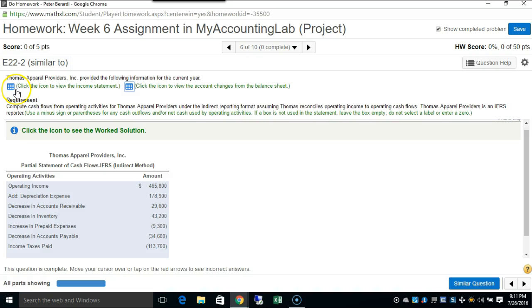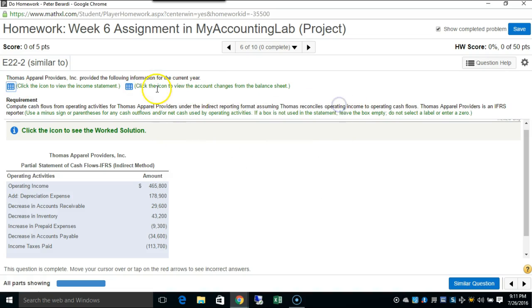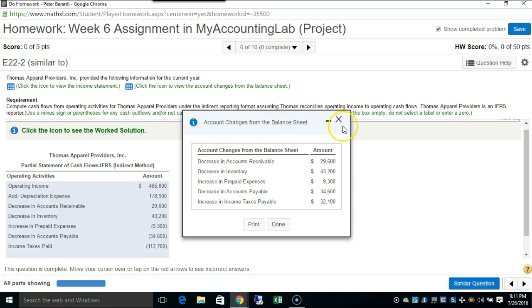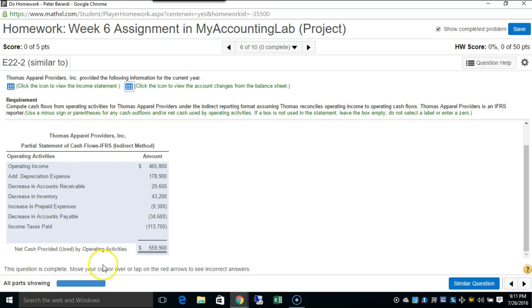We're going to take information from the income statement and the balance sheet and prepare a partial statement of cash flows, up until the operating activities, or net cash from operations.